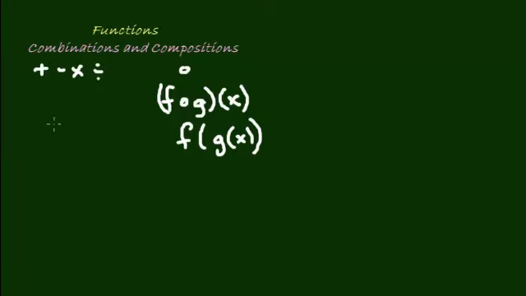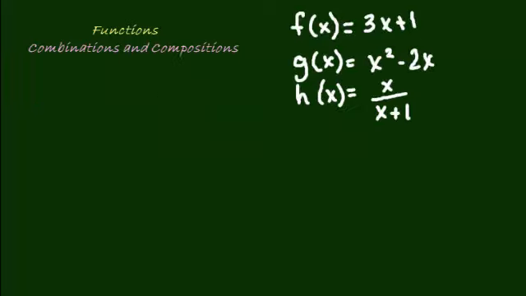For combinations of functions, they'll be written as f plus g of x, or likewise it could have a subtraction sign in the middle, or a times or a division symbol. That's how they'll be listed, and that'll be what they'll be asking you to do. They'll be asking you to add, subtract, multiply, divide, or compose two functions, or possibly more.